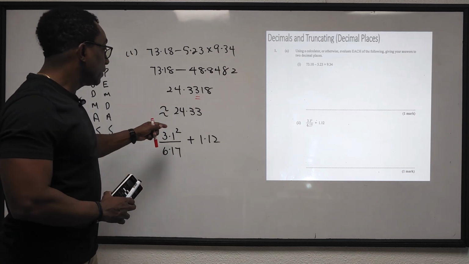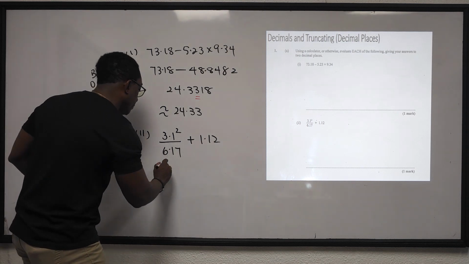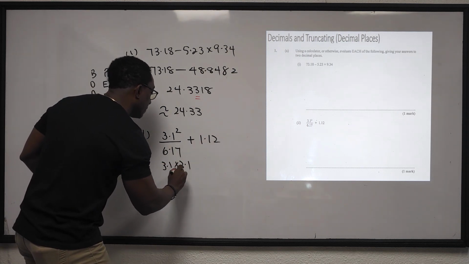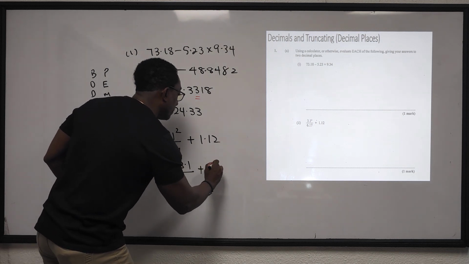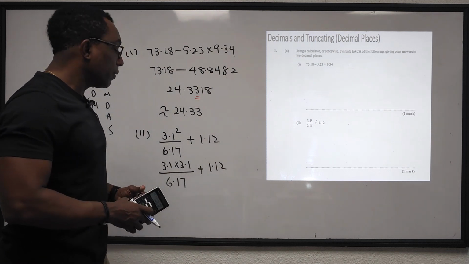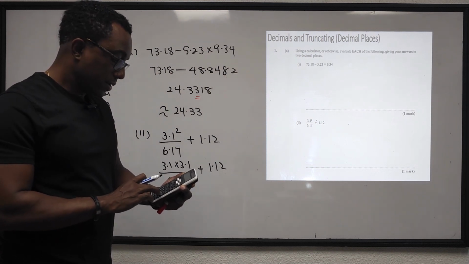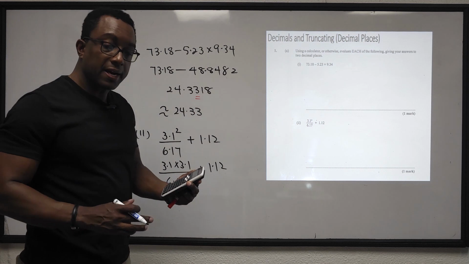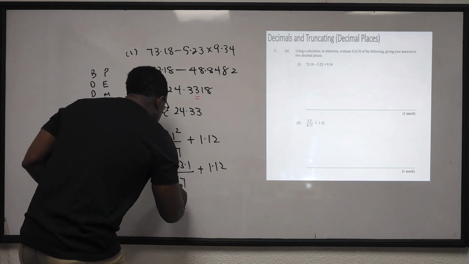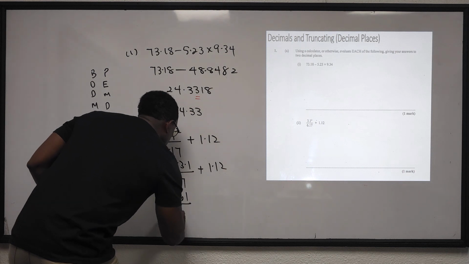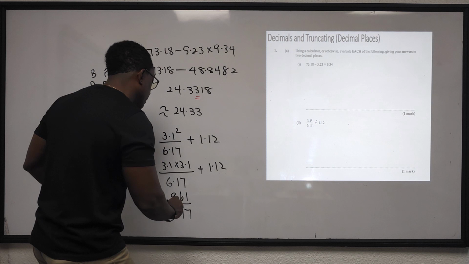So what we're going to do is treat with 3.1 squared first, which is the same as 3.1 multiplied by 3.1 over 6.17 plus 1.12. So let's look at what is 3.1 multiplied by 3.1. Again we have access to our calculator, so we can use the calculator to help us. So this will be 9.61 divided by 6.17 plus 1.12.